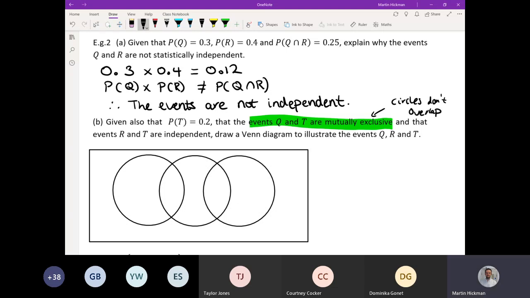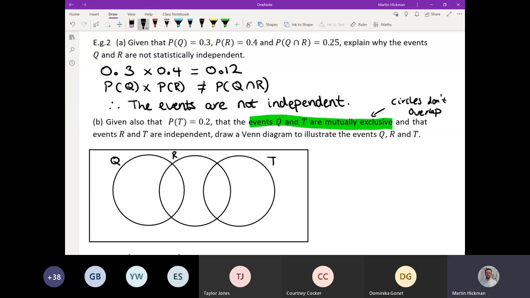When I draw my Venn diagram, I'm going to keep Q and T on opposite ends because they're not overlapping. They are mutually exclusive. And then R is just going to be the one where there is the overlap.